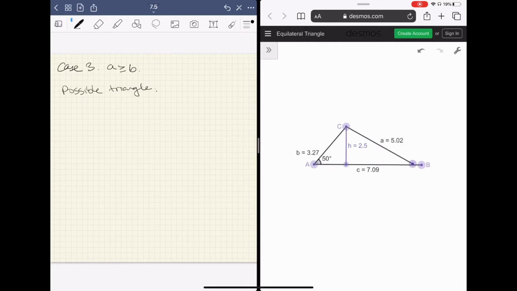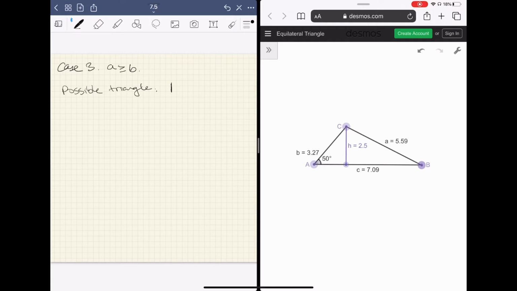If A is equal to B, something like that, you will have an isosceles triangle. So you'll get either an isosceles triangle or a scalene triangle. So there is one possible triangle.